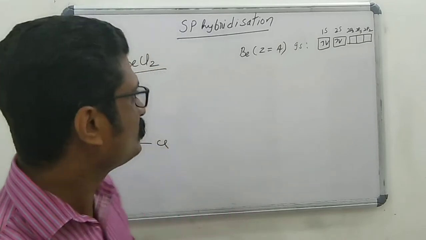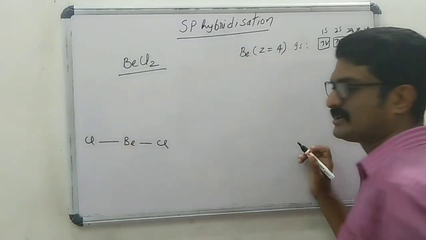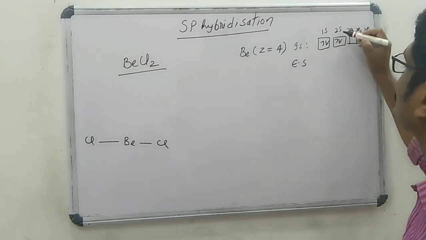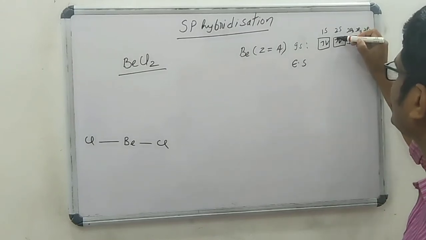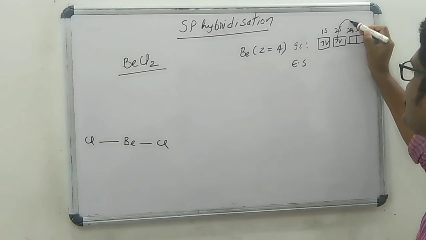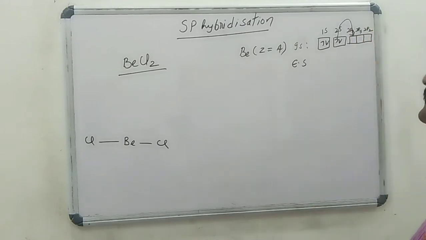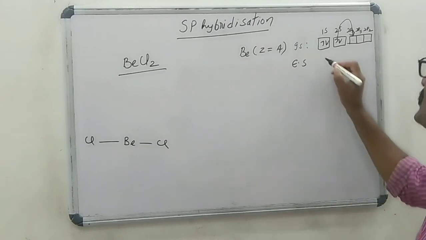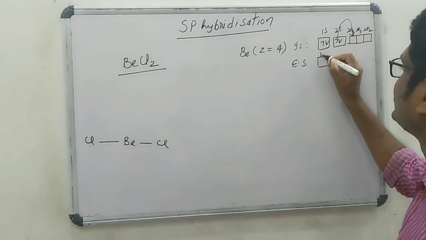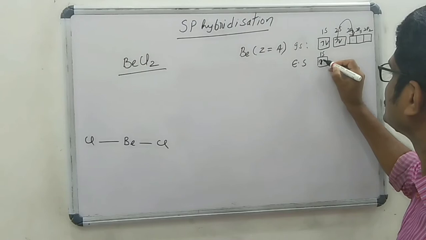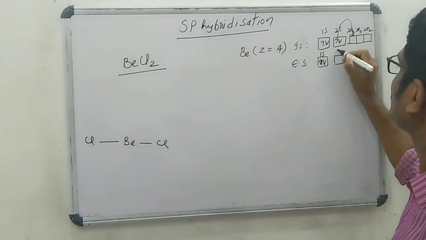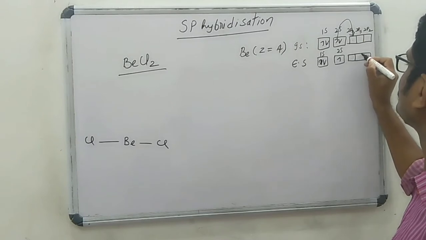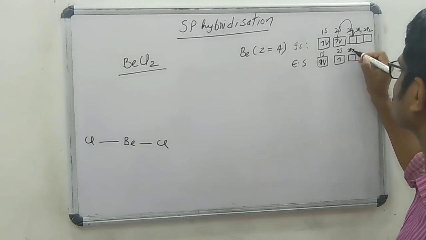Then to attain bivalency, in excited state, one of the electrons from the completely filled 2s gets promoted to the vacant 2px. Then this 2s becomes half filled, and 2px also becomes half filled.